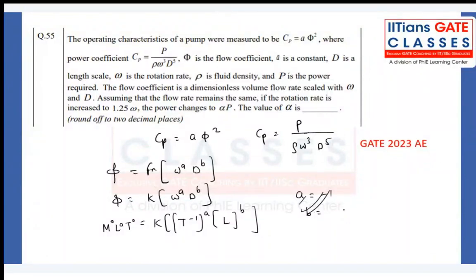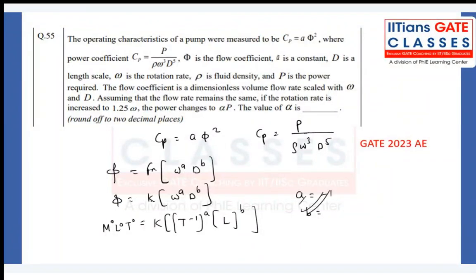How is it possible? Here we have to write rho also, right?